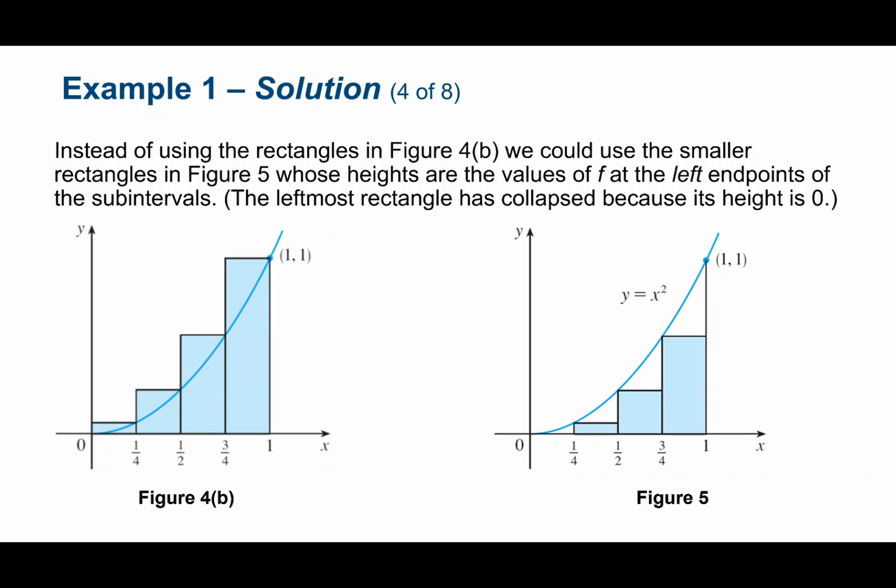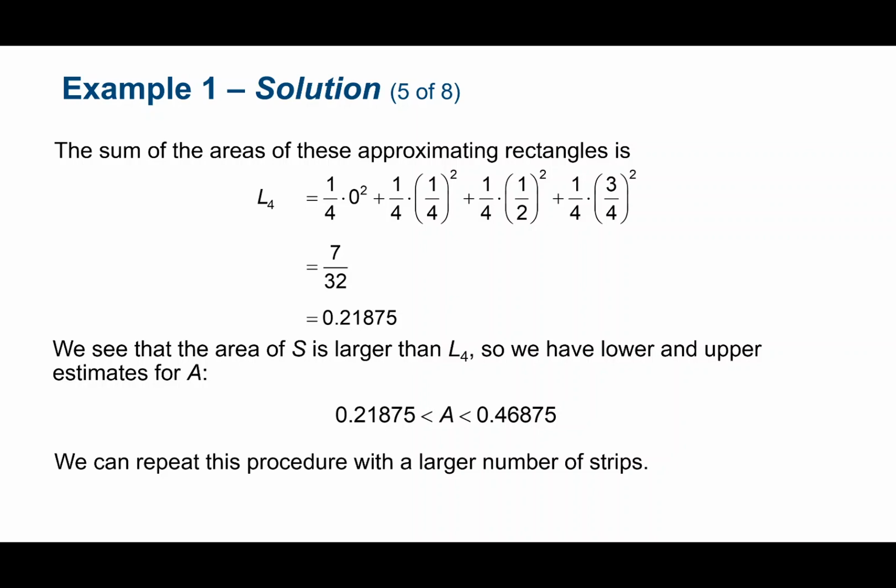What's different though, the area we get doing this, here's our number. Okay. So just the values that tell us how tall our rectangles are different. So in that one we get 7/32, so 0.2187.